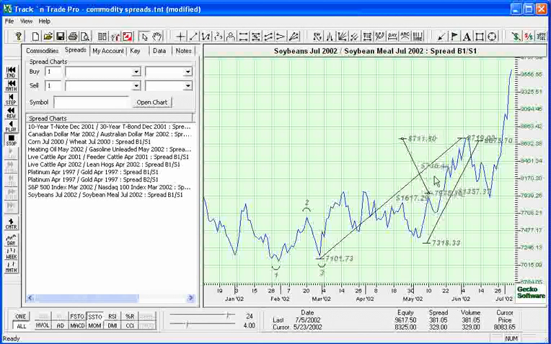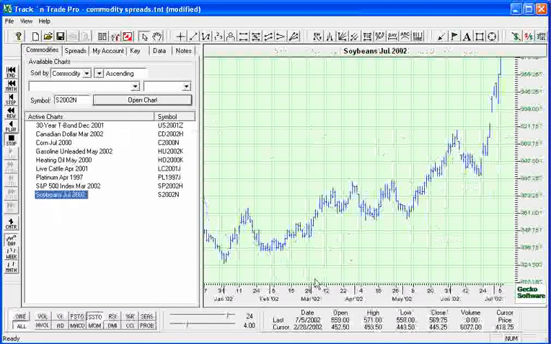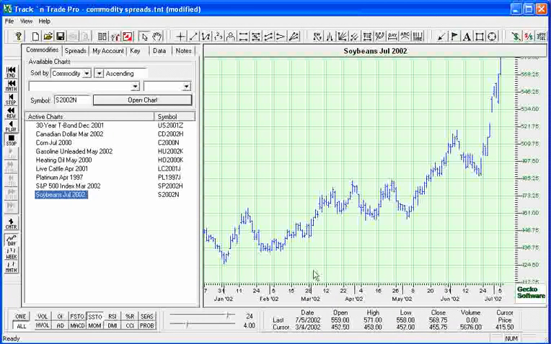Now if we were to go take a look at, why don't we flip over to the commodities tab, and since we're looking from about the beginning of March to mid-June, why don't we look at July soybeans during that period? And let's see how big that dollar move was.